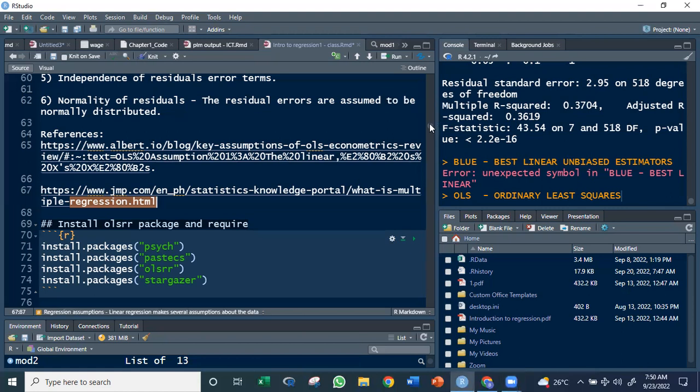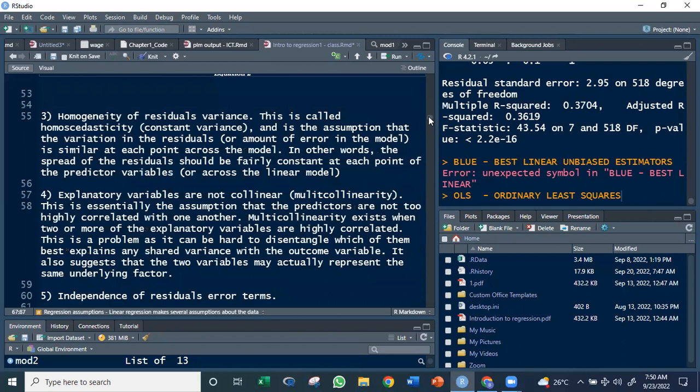One of the assumptions of the classical linear regression model is the homogeneity of residuals variance, which means our variance is constant. If the variance is not constant, which means there's a spreading out, fanning out of your residuals across the values of your independent variables, then we have a heteroscedastic variance of the errors. So that will violate our assumptions, and it can affect your best linear unbiased estimator.